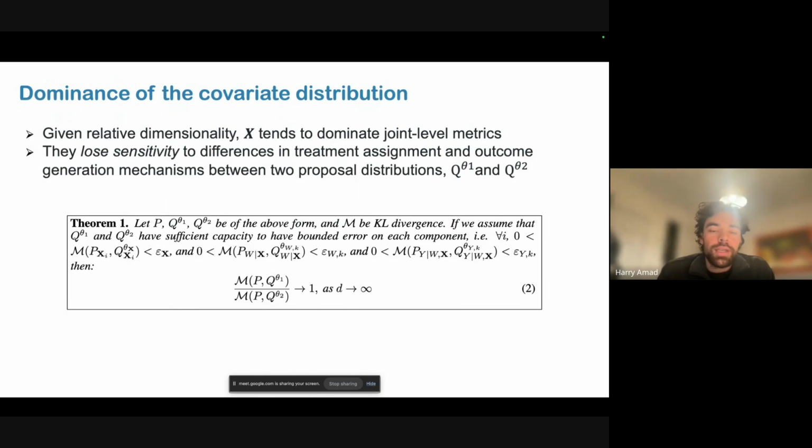So given the covariates tend to dominate the dimensionality of medical data, evaluation metrics which assess the difference in joint distributions also tend to be dominated by how well the covariates are preserved. And they tend to lose sensitivity to the treatment assignment and outcome generation mechanisms because they form relatively small subsets of the data space. They are small in dimensionality, those two distributions.